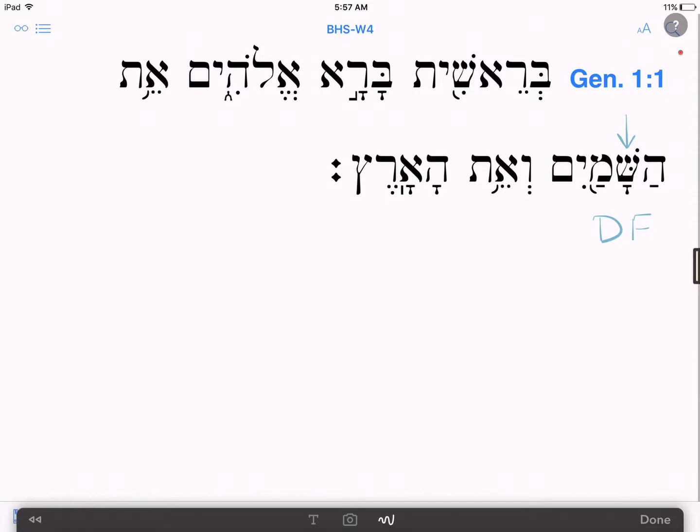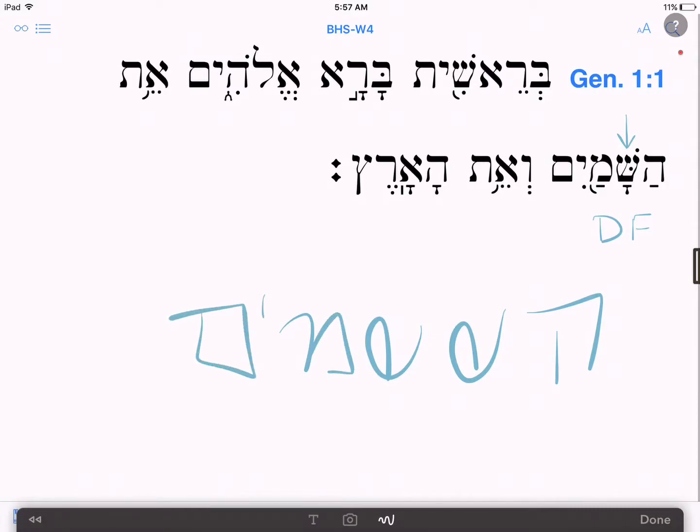It is not a begadkefat letter, and so we immediately jump to a dagesh forte, which represents the doubling. We may see something like this if we wanted to, quote, expand the word out: hash-sha-mayim, something like that, and the accent would be here.